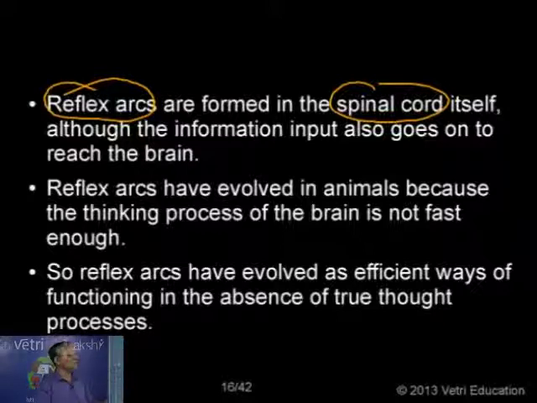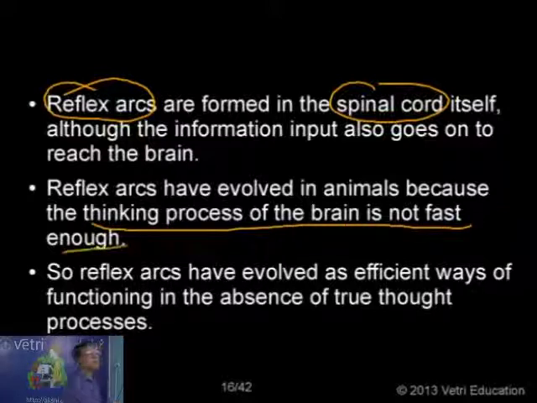What is the reason why the reflex arcs are mainly developed in the spinal cord? Because the thinking process of the brain is not fast enough. So we have evolved these reflex arcs, an efficient way of functioning in the absence of true thought process. Here the true thought process is nothing but the thinking by the brain.